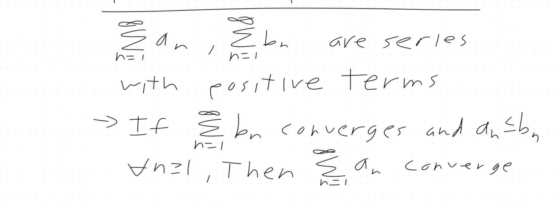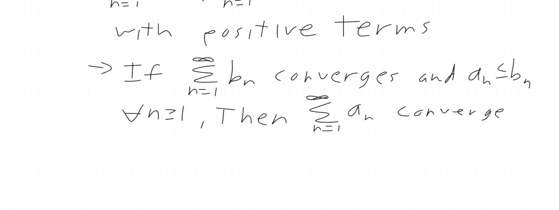Now, there is a way around this if a is bigger than b in certain situations, but it's a little bit easier just to make it the blanket statement if we say for all.